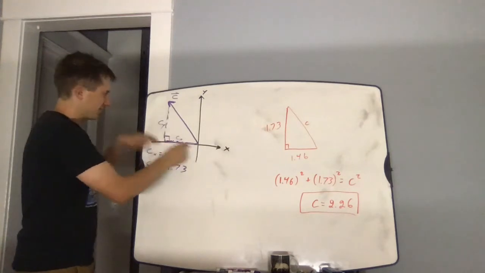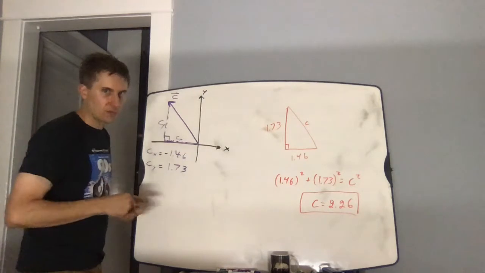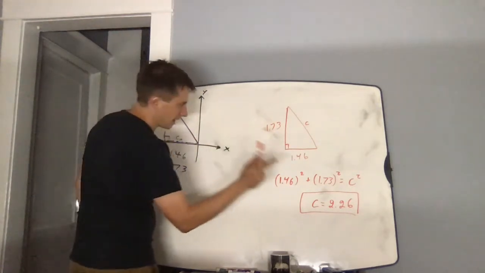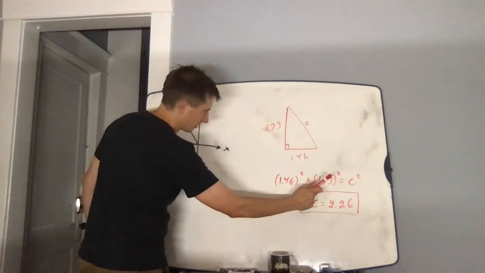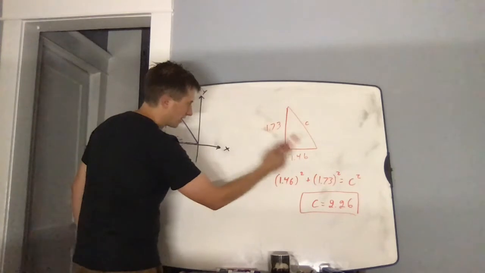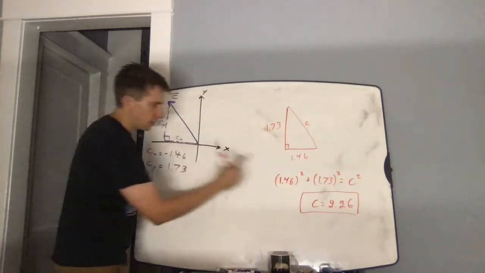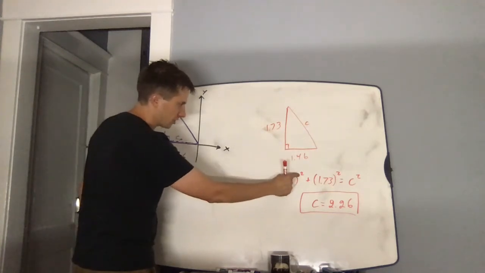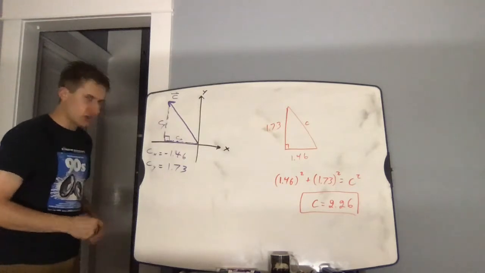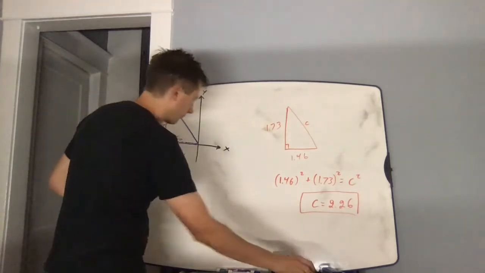And if I know this distance and this distance, I could find the magnitude of this vector. So I can find C by using the Pythagorean theorem, pretending these values are inherently positive. Even if I were to plug in negative 1.46, the negative would end up falling away when I square it anyway. So I could say the magnitude of vector C is 2.26.